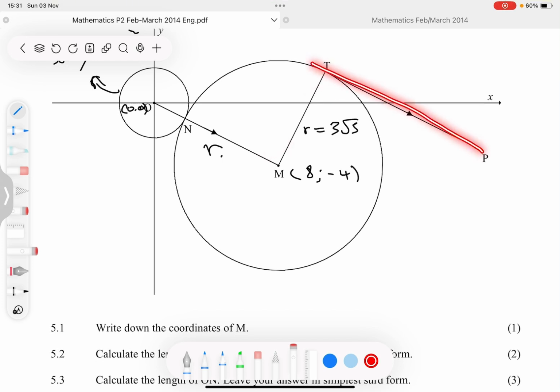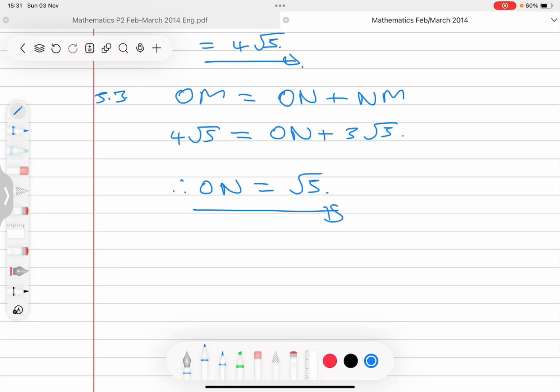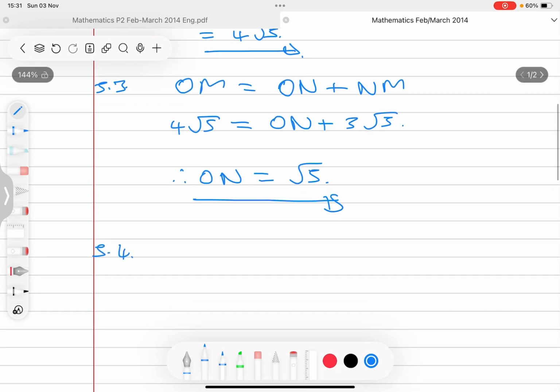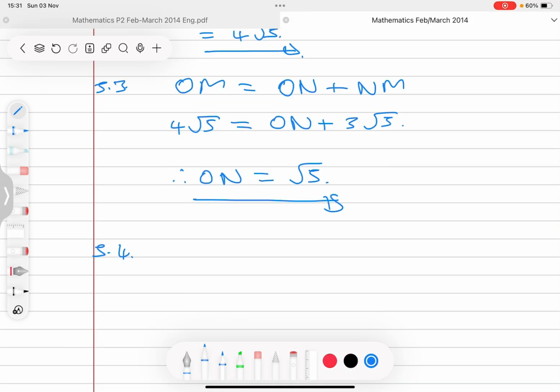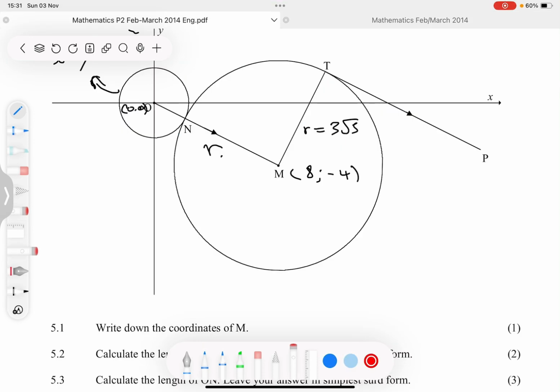Now, this means if I find this angle here, I'll be able to find this angle here. And we know that this line is a tangent at the point T. So this means it makes an angle of 90 degrees here, right? If you know your theorems from Euclidean geometry, it becomes easy. So I'll come here and say the angle PTM is equal to 90 degrees, right? So which angle is that?